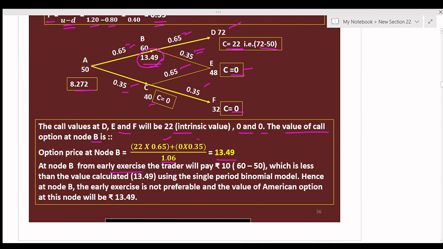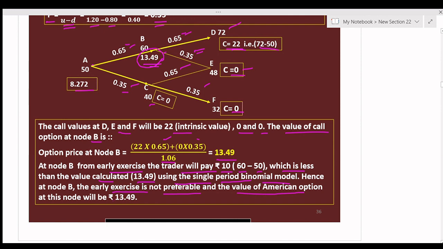Now at point B, 13.49, you should remember this. At node B, on early exercise, the trader will get 10, that is 60 minus 50. That is the intrinsic value, which is less than the calculated value 13.49. Using the single period binomial model, hence at node B, early exercise is not preferable, that is 10 is less than 13.49.